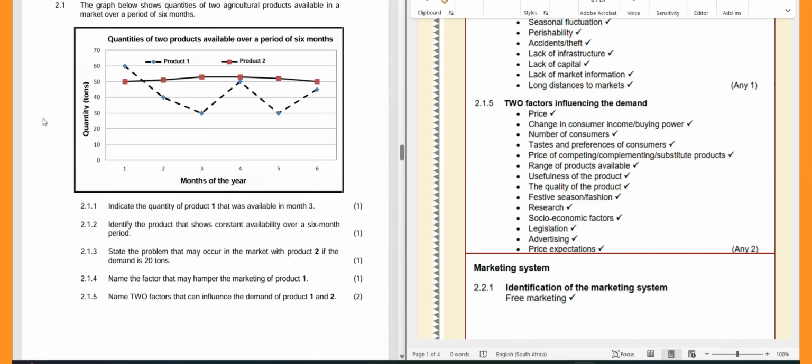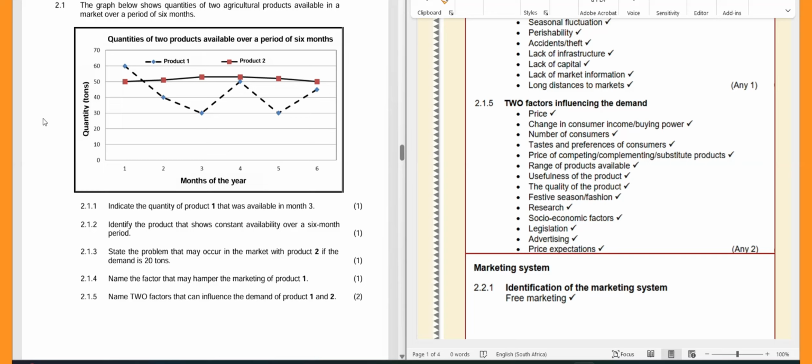Point two, increase in disposable income. And an increase in disposable income talks about the increase in the money that is available to buy goods.